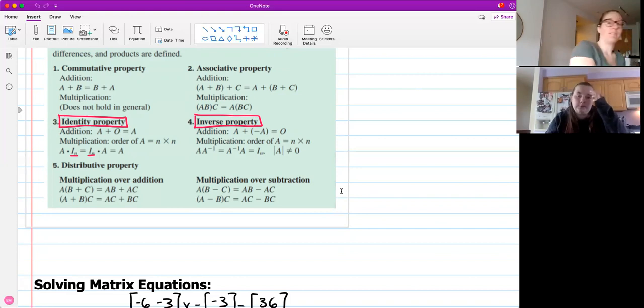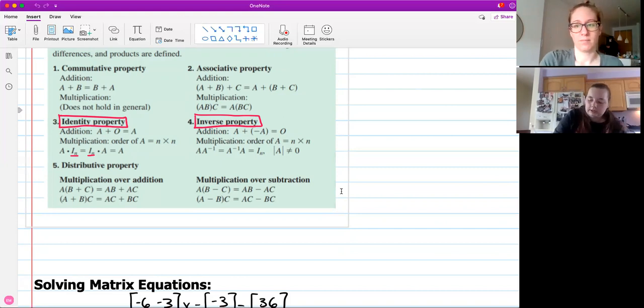For multiplication, if you had a regular equation like 3x equals 12, normally we would divide off 3 and we would get x equals 4.